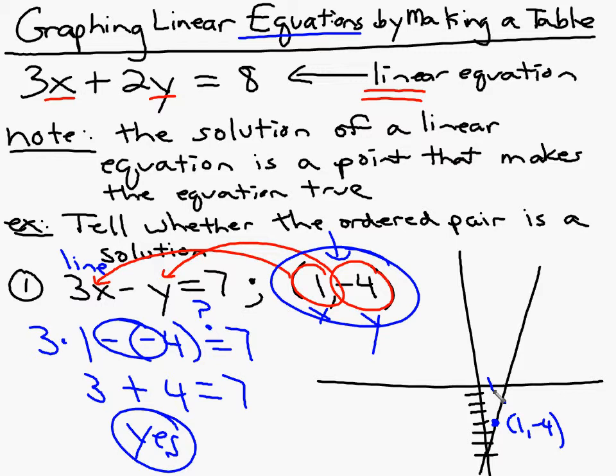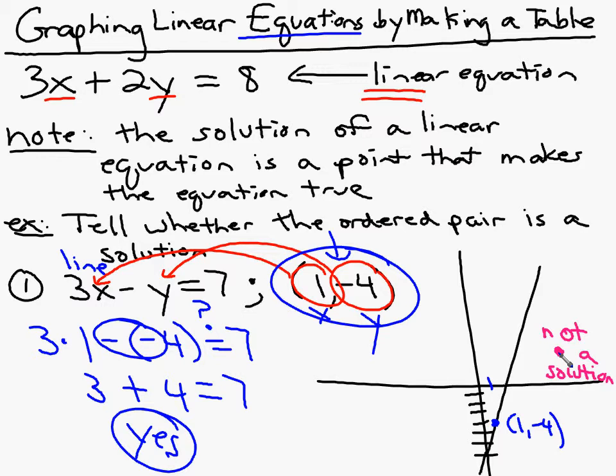When it says that it is a solution of the equation, it means that it is a point on the actual line. If it's not a solution, it's not going to be on the line. It's going to be, I'll pick a different color here, over here somewhere. This one is not a solution, because it's not on the line. If it's a solution, it's on the line.